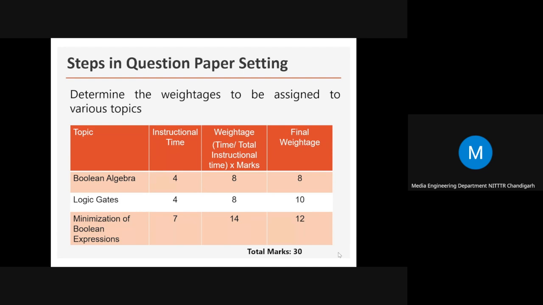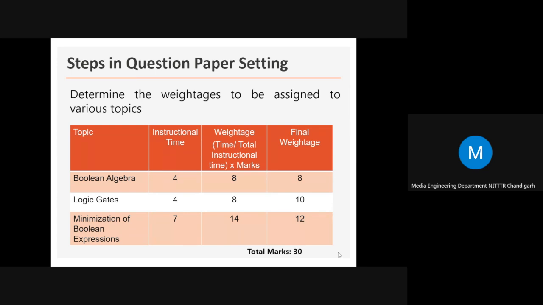If we add 4, 4, 7, total instructional time will be 15. The first unit has 4 hours, so 4 divided by 15 into the maximum marks of 30 will give us 8. Similarly, we get 8 and 14. Right, so this is the first calculation.